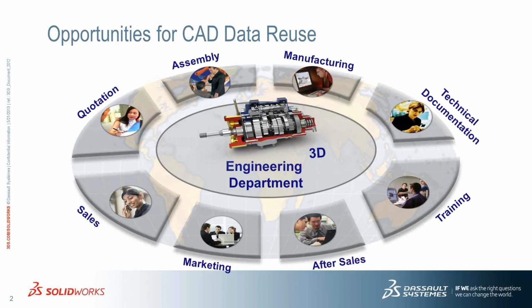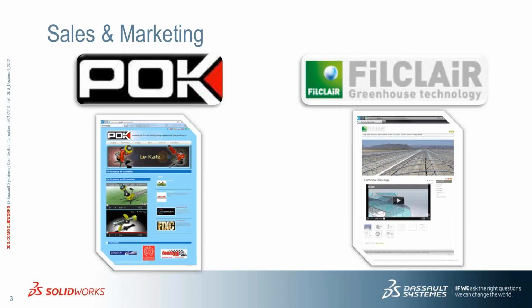Again, a lot of time and money has been put into this data, so why not reuse it throughout the organization for more purposes? Now, your company might not have this many departments. In fact, you might have to wear a lot of these hats, but regardless of your organization's structure, reusing the data for all these other tasks could be very valuable.